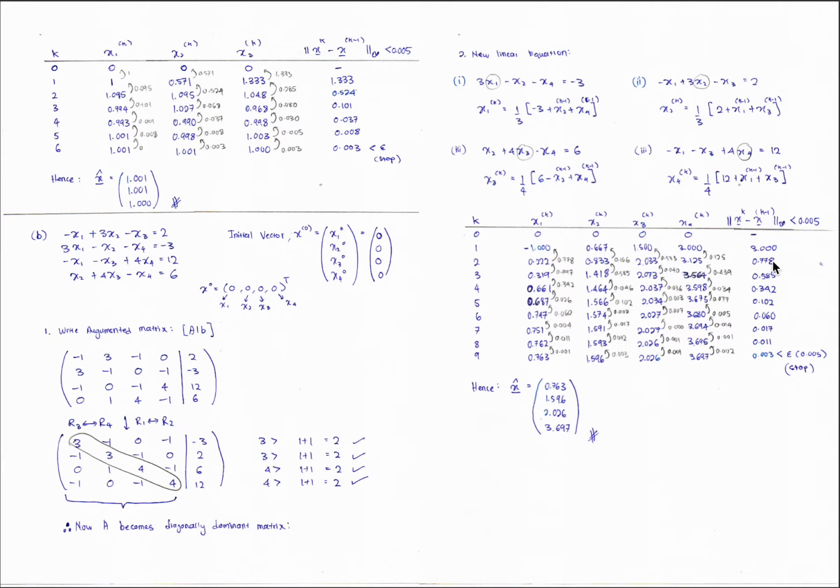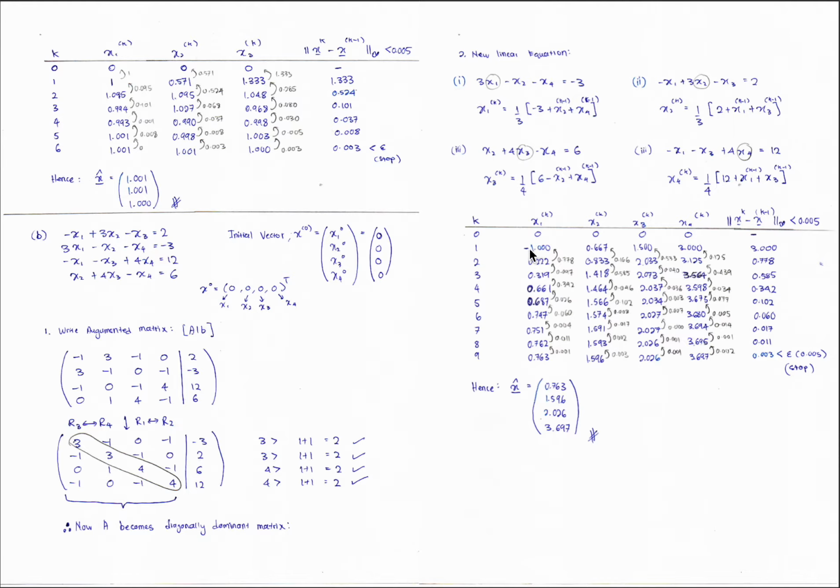So how to get this limit, syarat limit dia. So this value tolak dengan value sebelum ni atas dia. Ni pun sama, tolak dengan value atas dia, ni pun tolak dengan value atas dia, ni pun tolak dengan value atas dia. So 1 tolak 0 adalah 1.